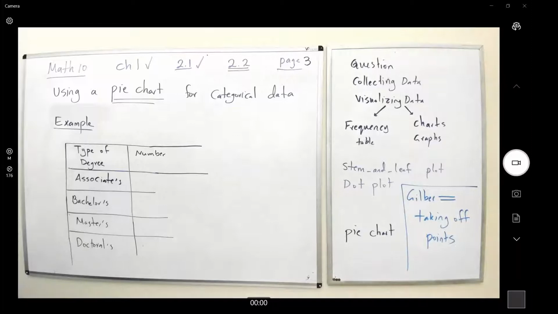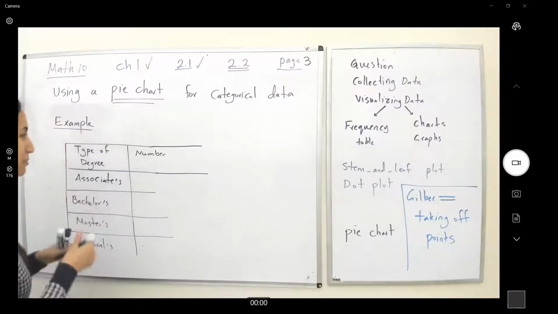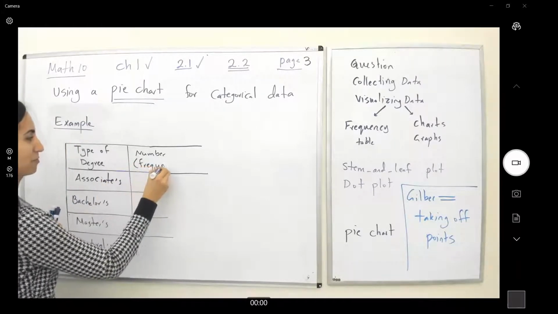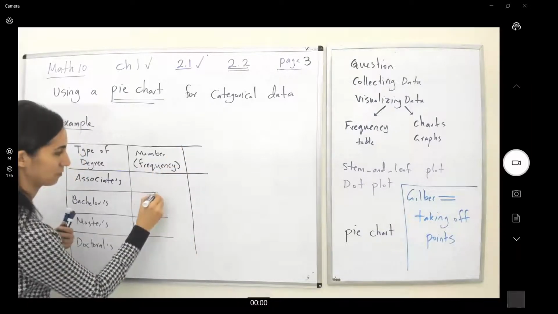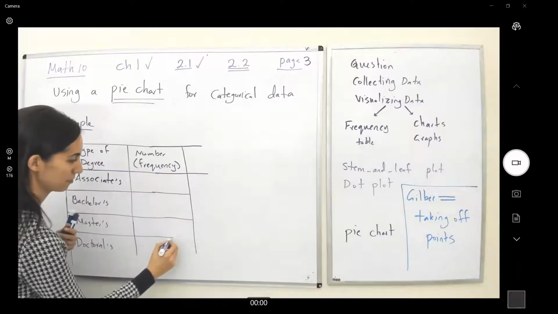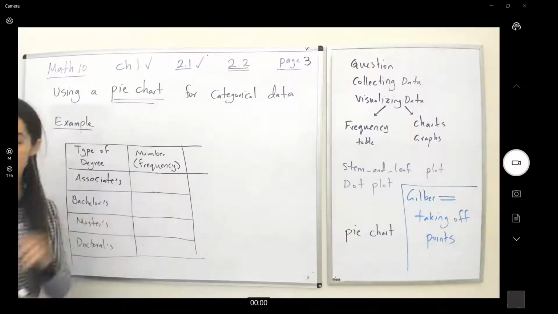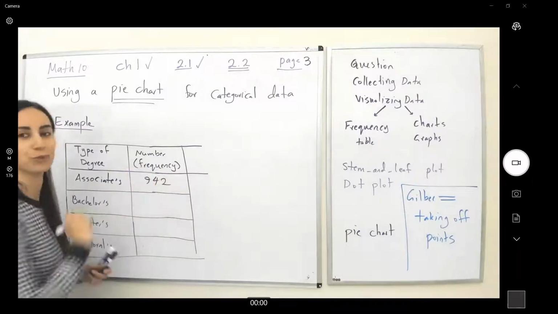So let's see. The number in thousands, or the frequency. There you go. The frequency of the first category is 942.